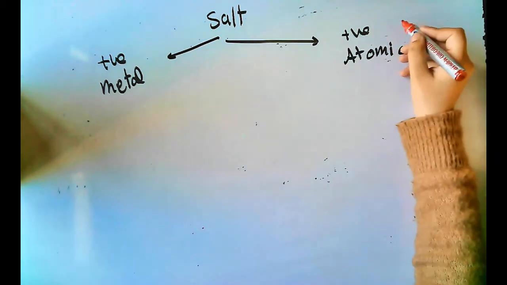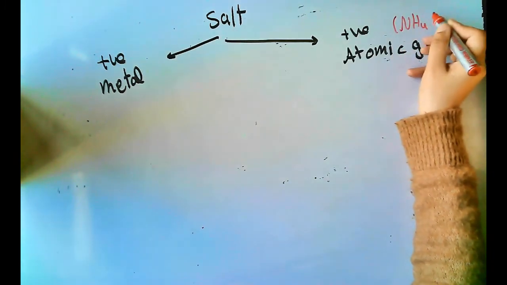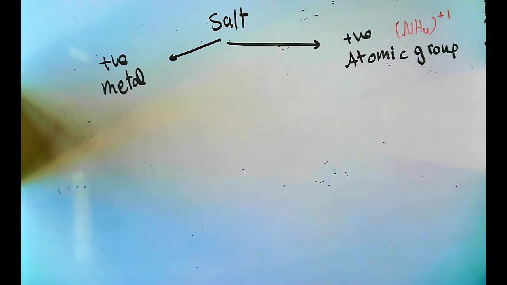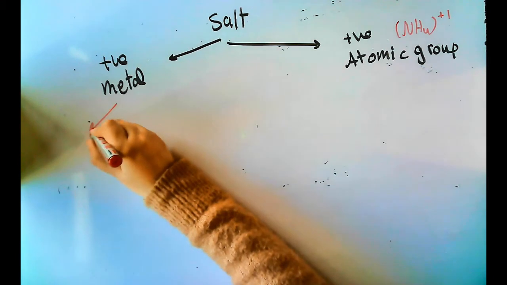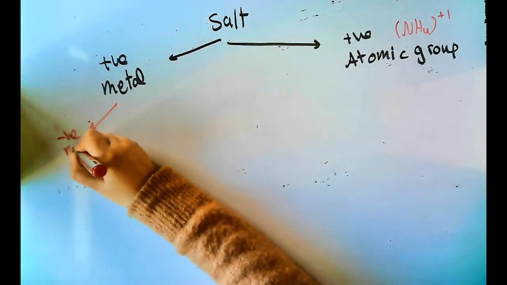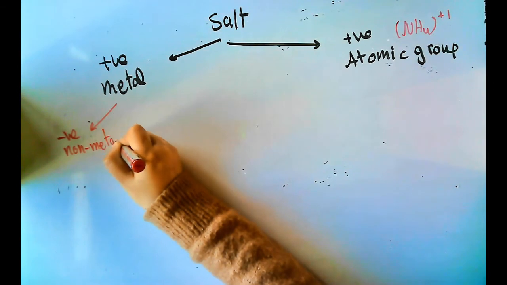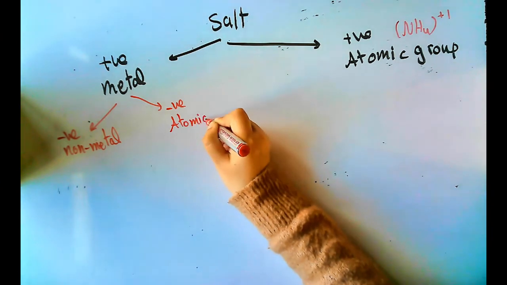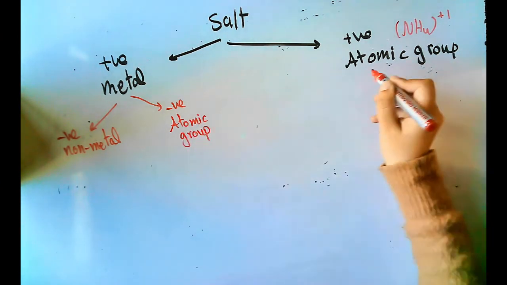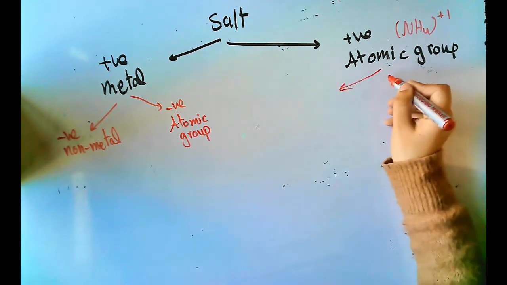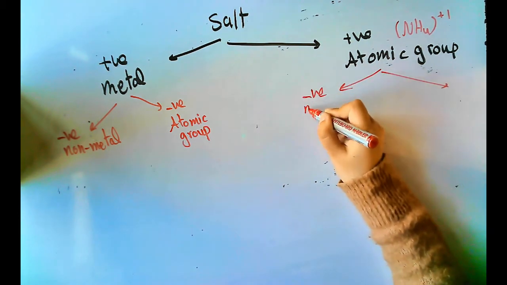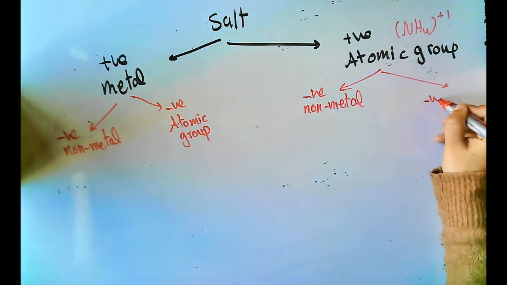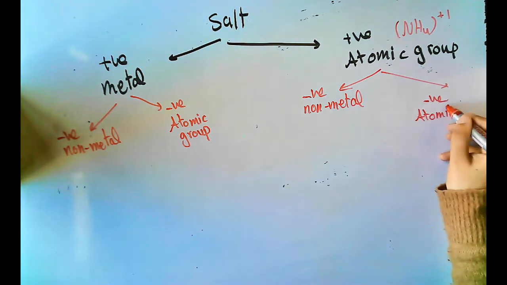The positive atomic group is ammonium, NH4, positive 1. The positive metal may be combined with a negative non-metal or a negative atomic group, and also the positive atomic group may be combined with a negative non-metal, of course except oxygen, or a negative atomic group.